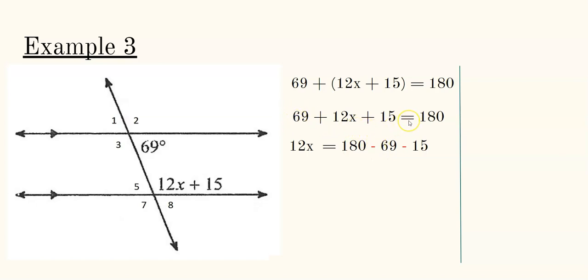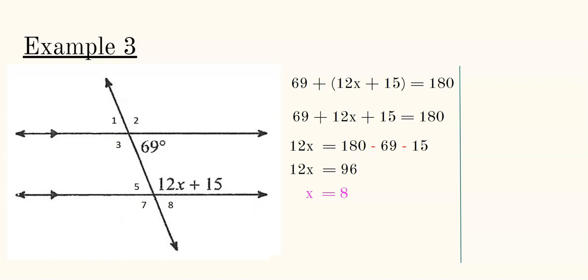And so moving it over to the other side of the equal sign, change the sign. Same thing with 15, was a positive 15. And when we bring it over to the other side of the equal sign, it becomes a negative 15. Okay, if we simplify that further, it becomes 12x is equal to 96. And if we divide both sides by 12, we're going to get x equals 8.